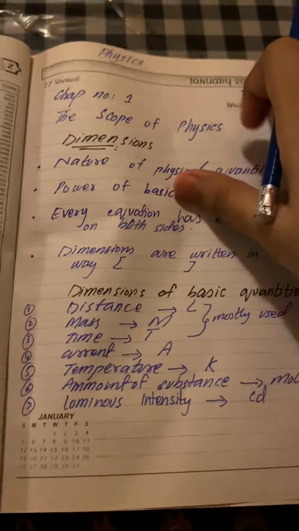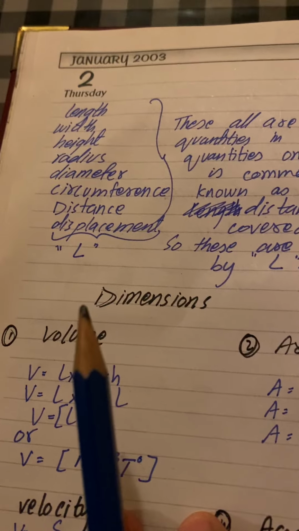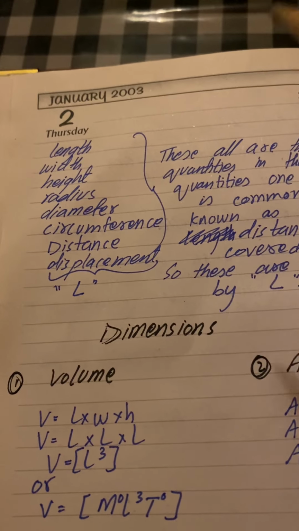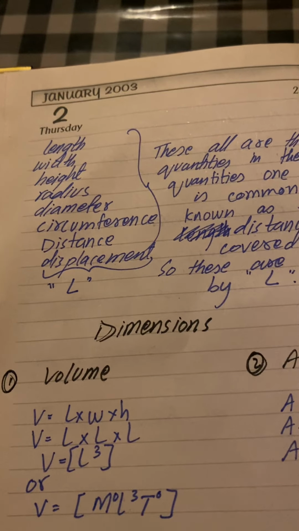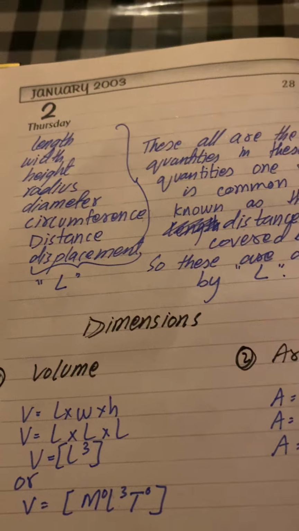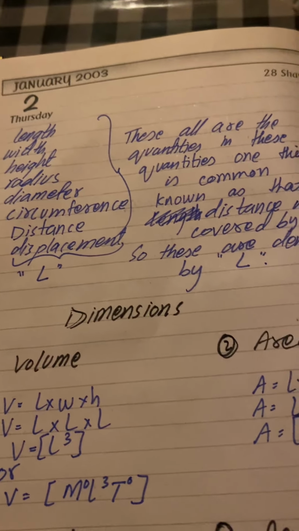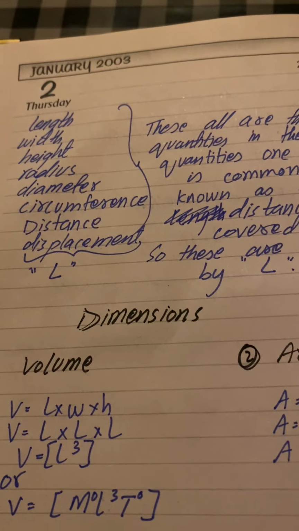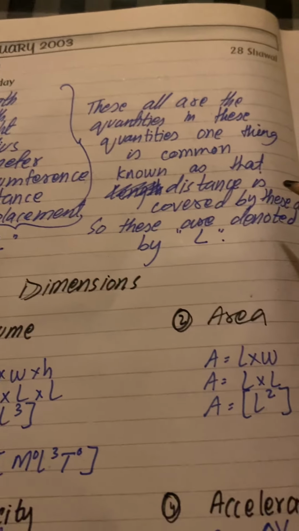As we know, distance, radius, length, width, height, circumference, displacement, these all are actually a distance covered. Radius is also a distance of a circle. These all cover length, so these are all length quantities.